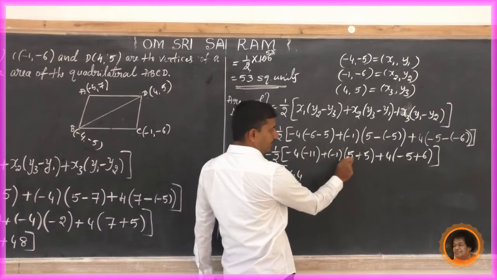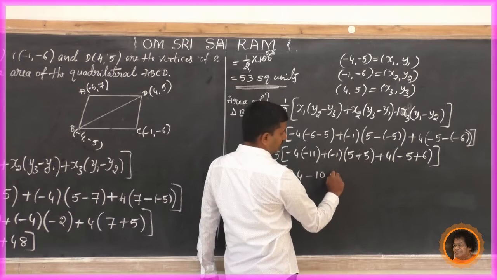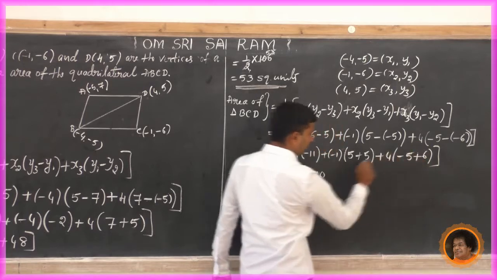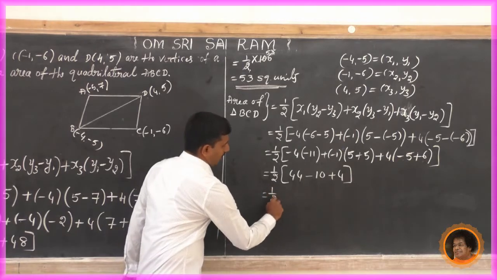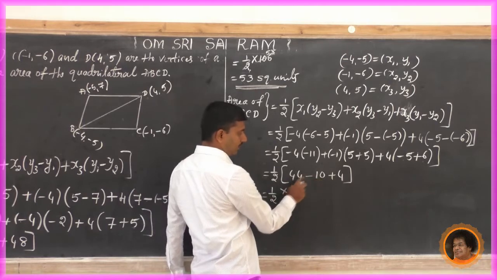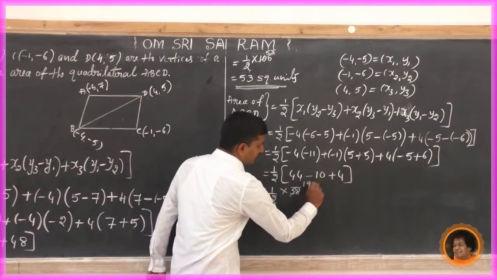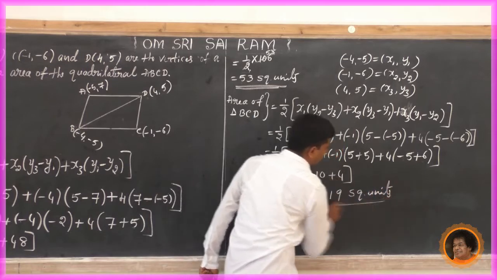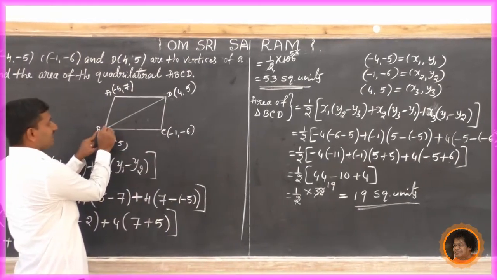So here 5 plus 5, 10, into minus 1, minus 10, plus 4 into minus 5 plus 6, plus 1, that is plus 4. So which is equal to half into 44 minus 10, 34, plus 4, 38. 2 ones are 2, 2 19s are 38, which is equal to 19 square units. So this is the area of the second triangle, the area of the second triangle BCD.